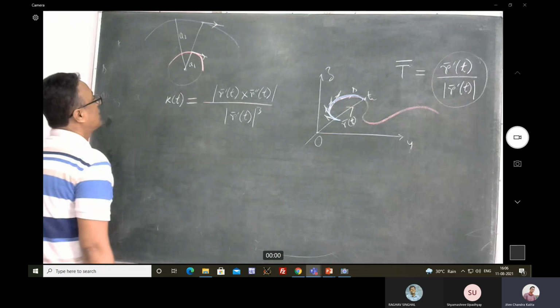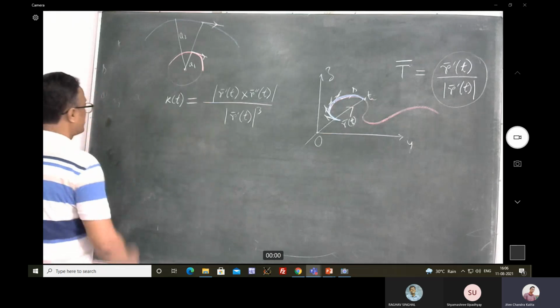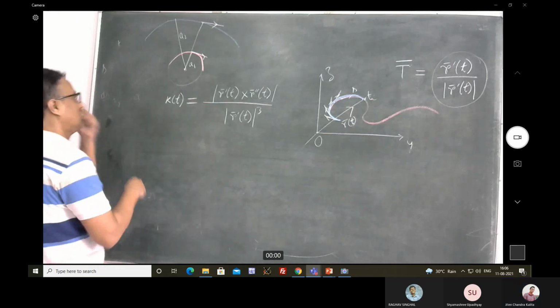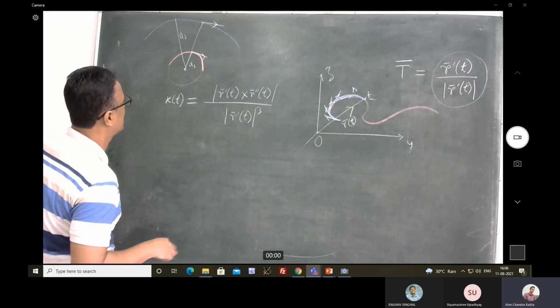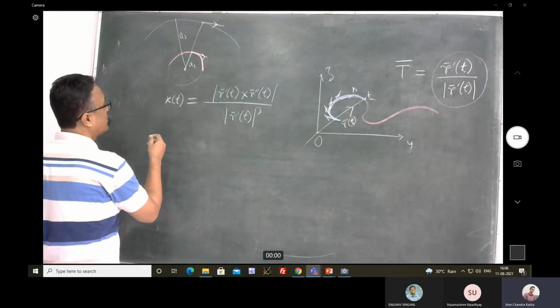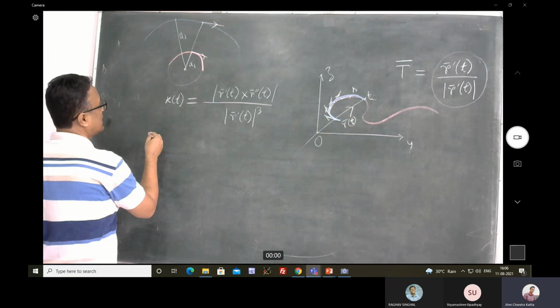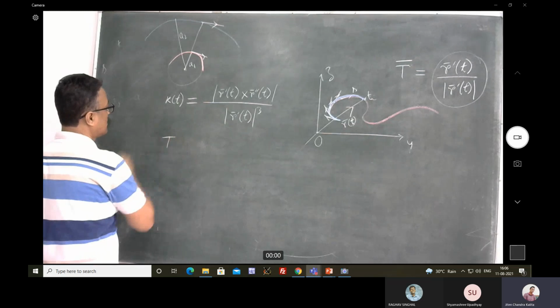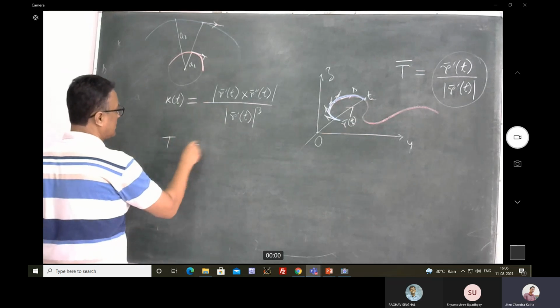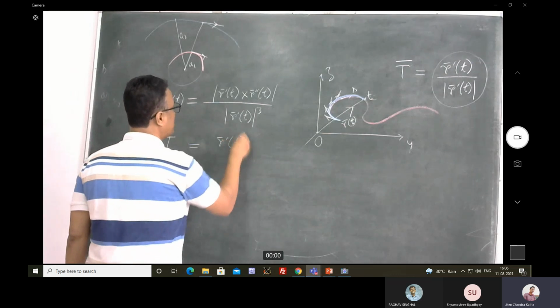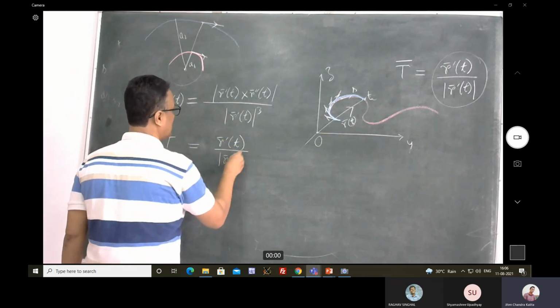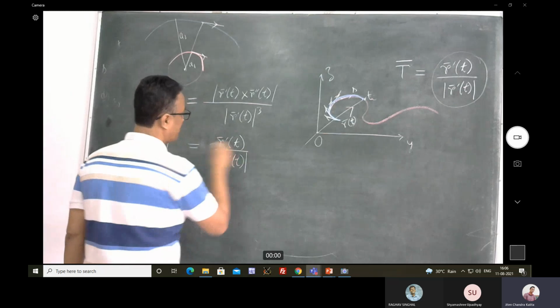We know that T equals r prime t divided by the magnitude of r prime t.